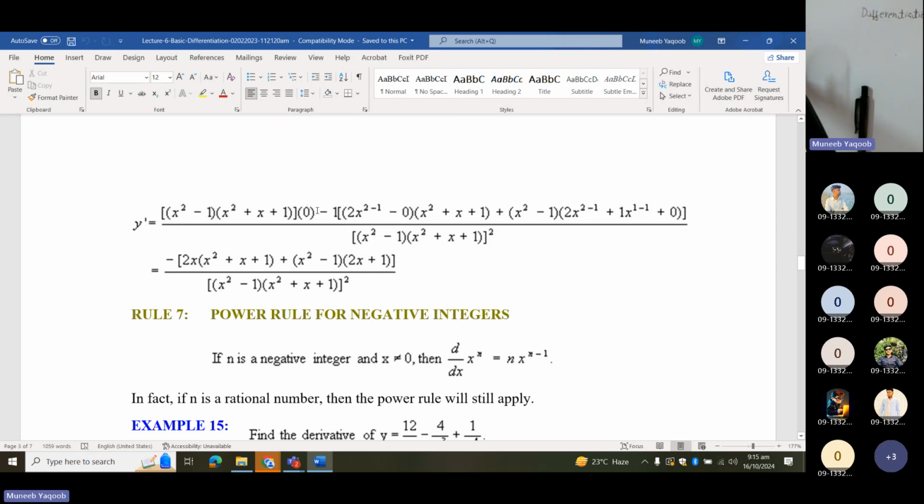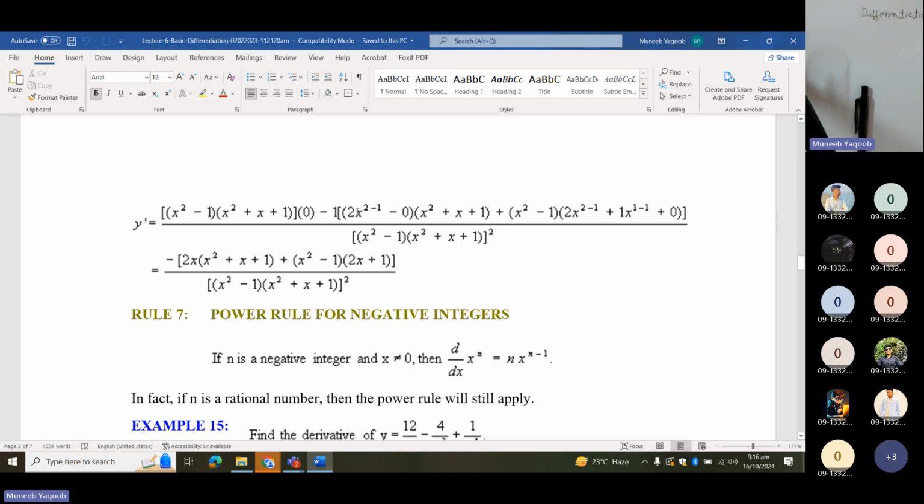So this whole term will become 0, because it is v into u prime. Since u was 1, the derivative of 1 was 0. So v into 0 is basically 0. So this will be basically discarded, because it will become 0.